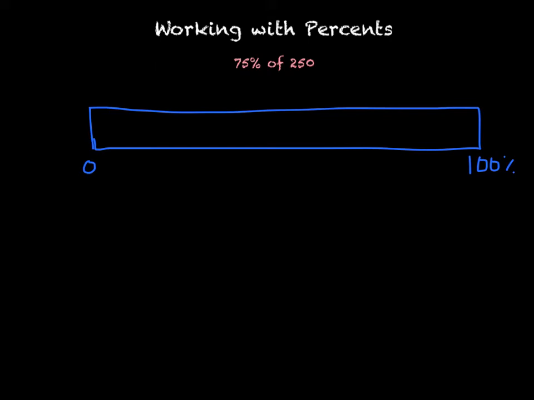If I fill up this entire bar, that's going to be 100% of our bar. On the top of the bar, I have 0, and I have my total number that I'm looking for. So in this case, 250 is what I'm looking for. If I filled up the entire bar, I would have 250 of whatever I'm talking about. So on 100%, I'm trying to find 75%.